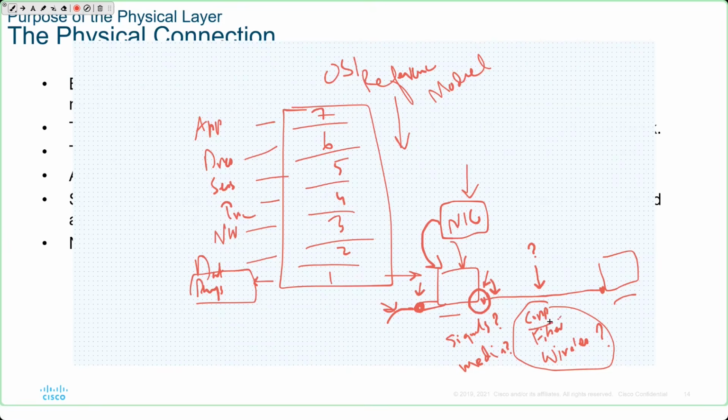If you're using a copper cable, then your computer must have a network interface card with the copper cable plug installed. If you are choosing wireless connectivity, then you must have a wireless network interface card with a wireless antenna that works with Wi-Fi, so that it can transmit those Wi-Fi signals, those electromagnetic signals, right?